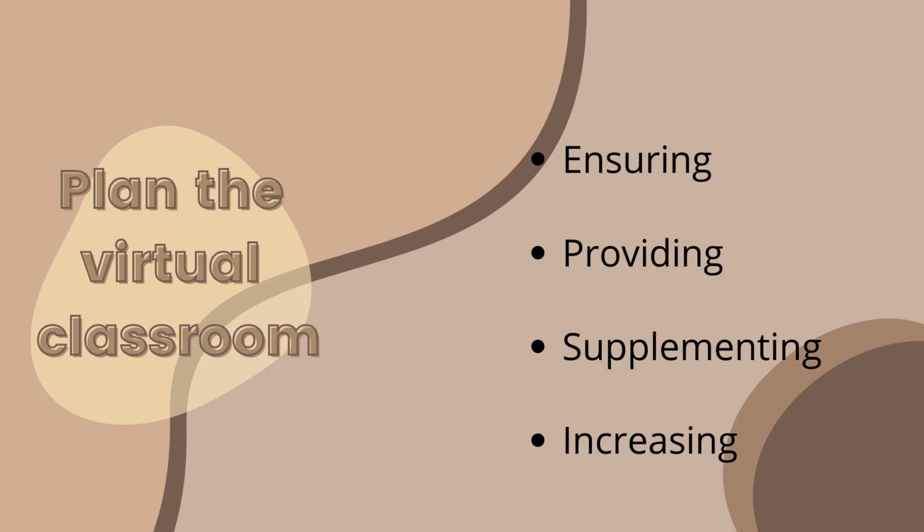Second, providing students with on-time, continuous, and frequent feedback opportunities to assess their understanding and skill of subject matters. And third, supplementing theory with a variety of practical tutorials and activities. And fourth, increasing student-to-student and student-to-instructor interaction in and outside lectures.